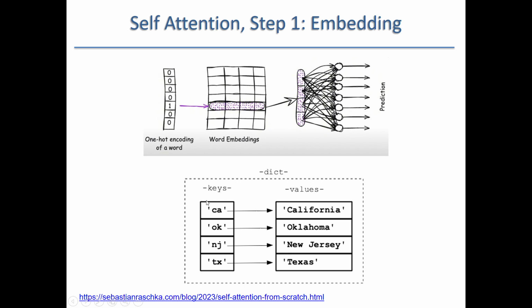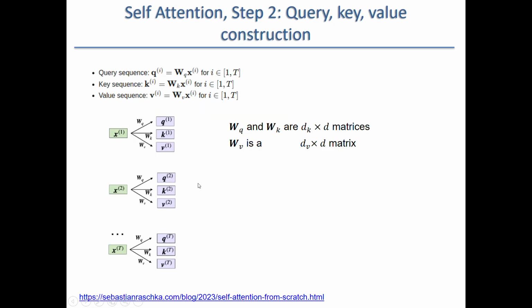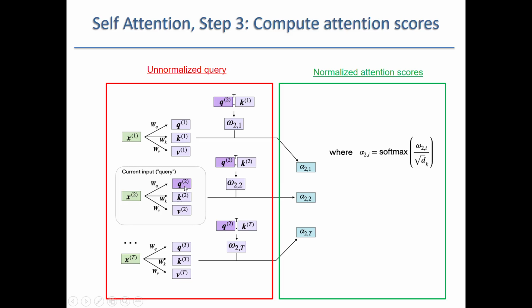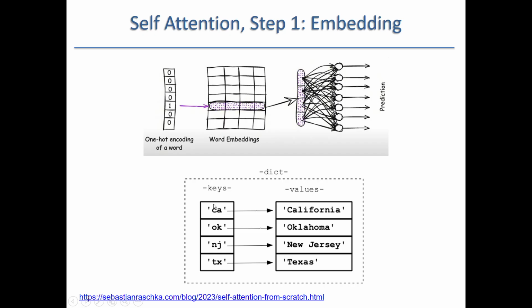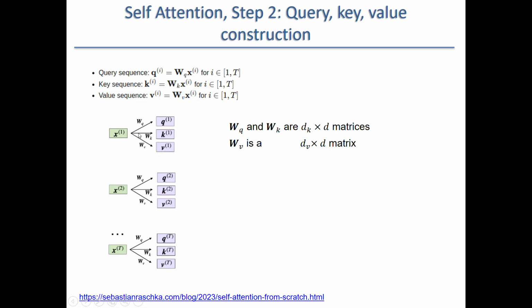The key is a vector, the value is another vector. Our query here will not be one of the vectors that we have stored. Actually there is no storage, it is just a kind of implicit dictionary. But our query will not be one of the keys, but it might be similar to some of the keys.